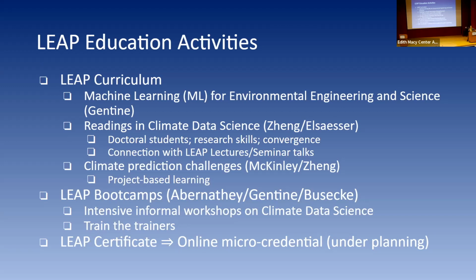So what LEAP contributes to that certificate is the final course in machine learning for environmental and earth sciences, a capstone experience that takes all the students with the right background to the next level in climate data science research. So we are in active discussion with various teams at Columbia about creating such a micro-credential that would allow us to support such need at scale.